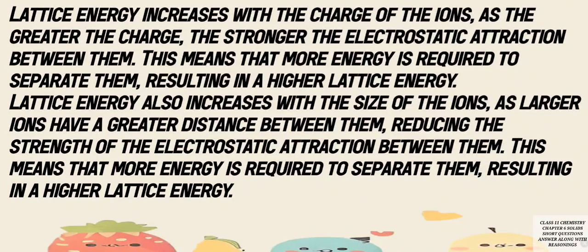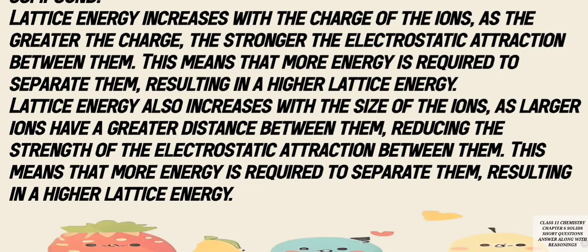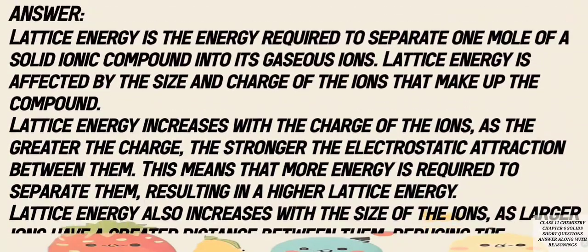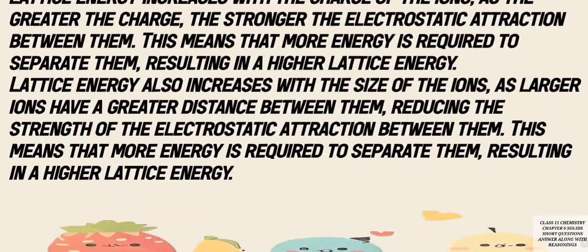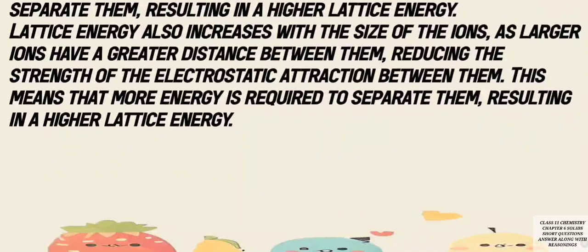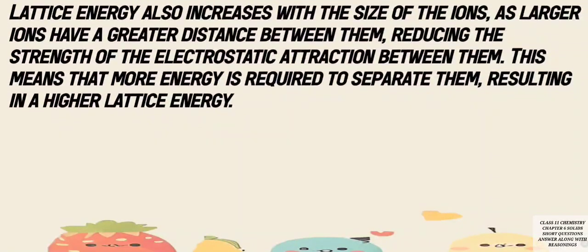For example, we have the lattice energy of sodium fluoride, 923 kilojoule per mole, which is higher than potassium fluoride. Because of the smaller ionic radius of the sodium ion compared to the potassium ion, the packing is closer and thus relatively high lattice energy is needed for the separation of the ions.